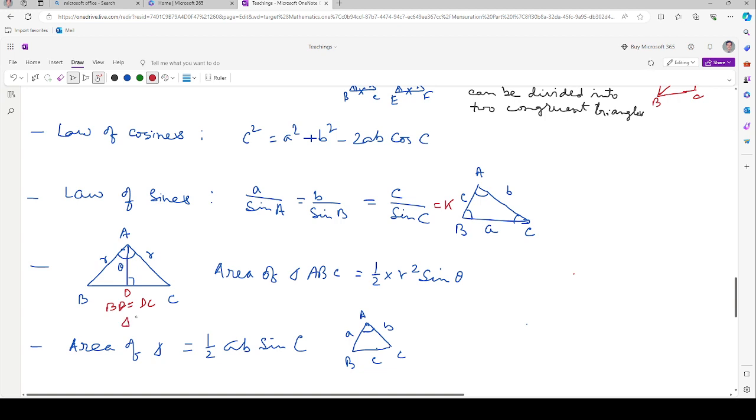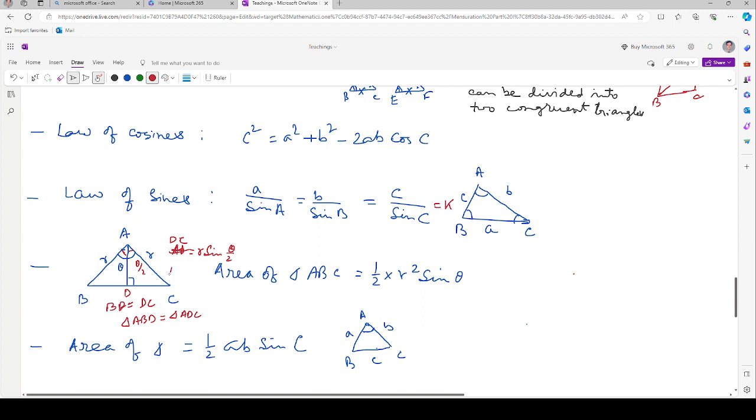Therefore, triangle ABD is exactly equal, or congruent, to ADC. Therefore this angle equals this angle, which equals theta by 2. Therefore DC equals r sine theta by 2.